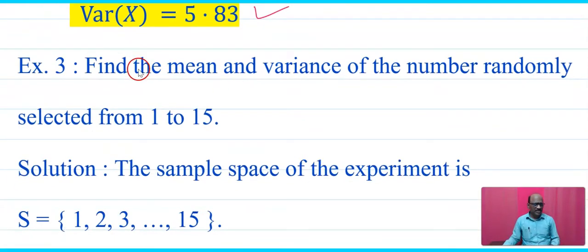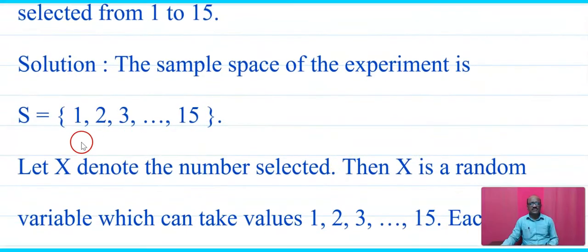Now the next example. Find the mean and the variance of a number randomly selected from 1 to 15. That is, you have the numbers 1 to 15 and you are asked to select a number. The sample space of this experiment is S equals 1 to 15. X denotes the number selected.